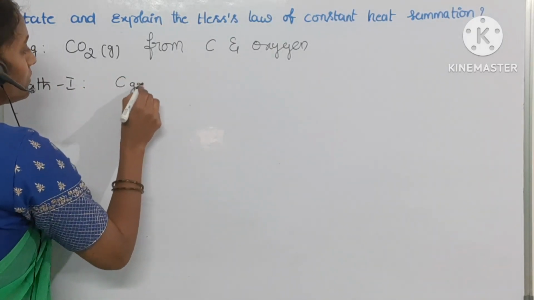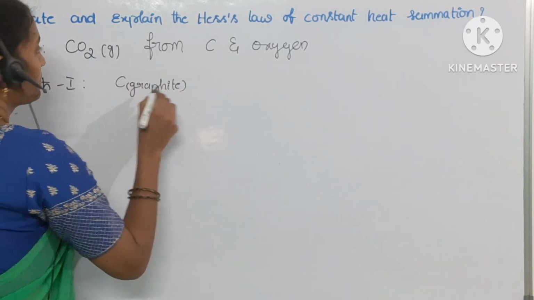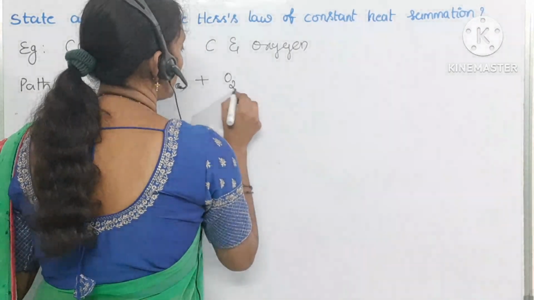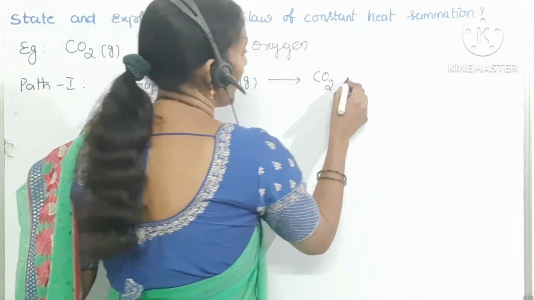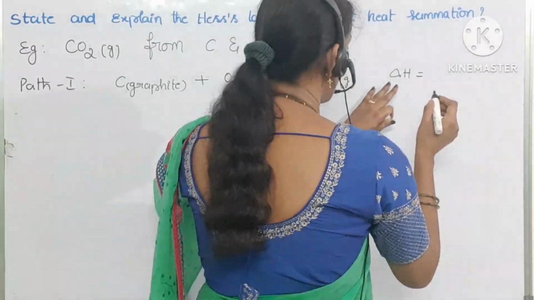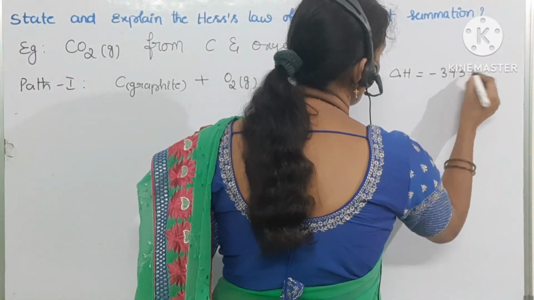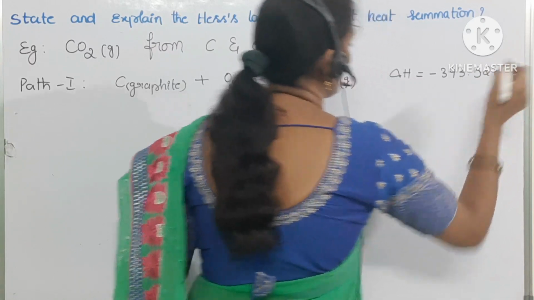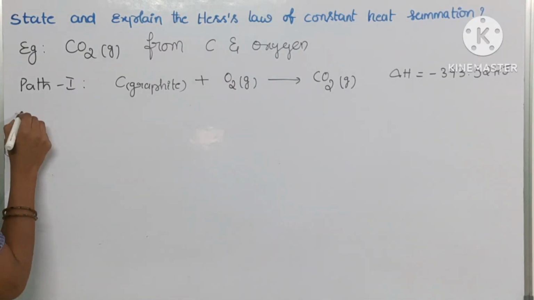Carbon in the form of graphite reacts with 1 mole of oxygen gas to form CO2 gas. Here the released heat energy is delta H, that is minus 393.52 kilojoule. Remember, this is the single step reaction in path 1.